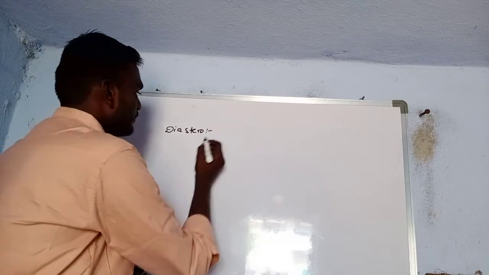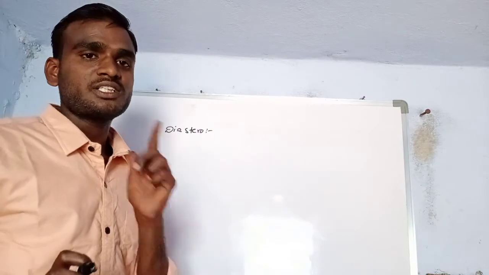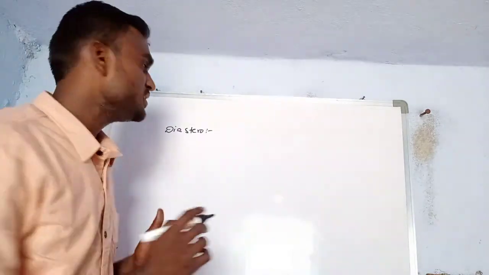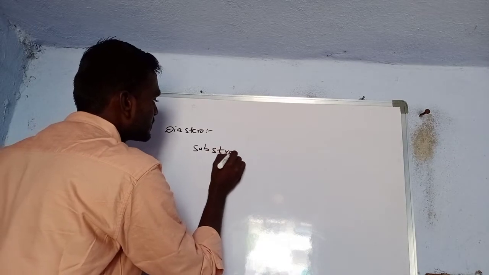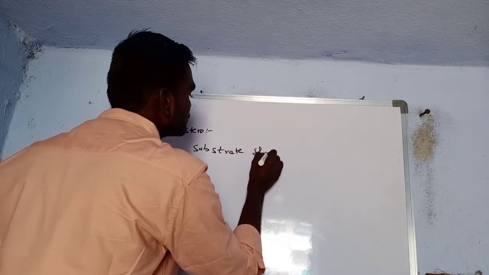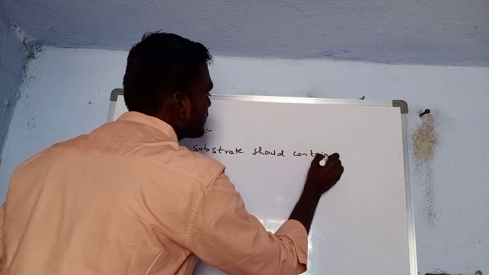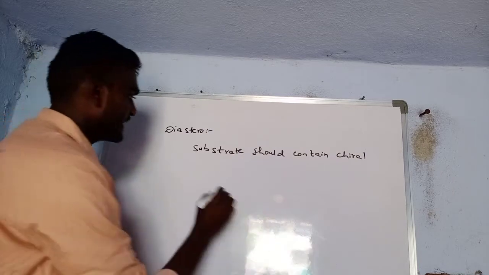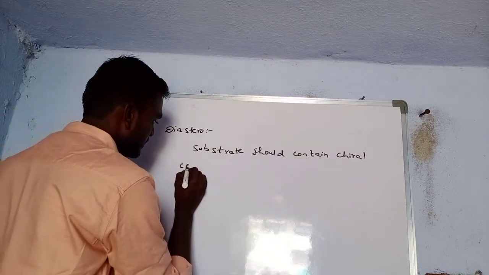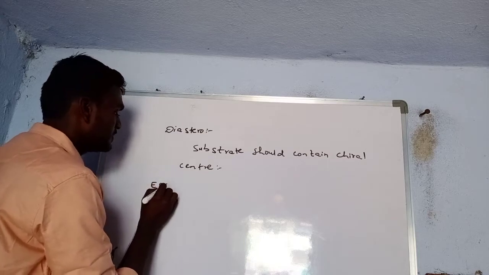Whenever a molecule contains diastereotopic protons, the substrate should contain a chiral center. Let's see one example here.